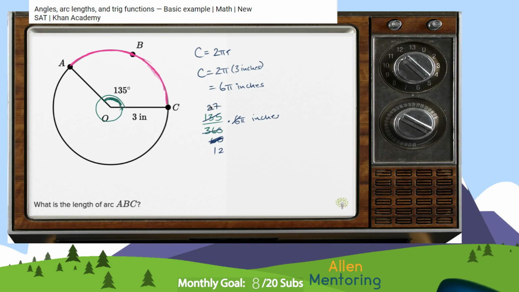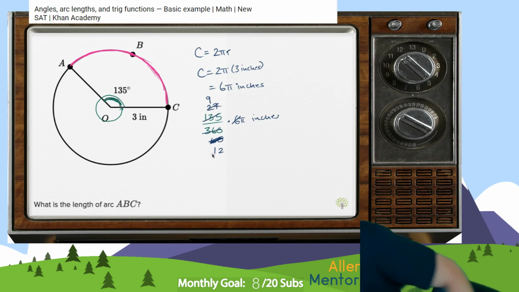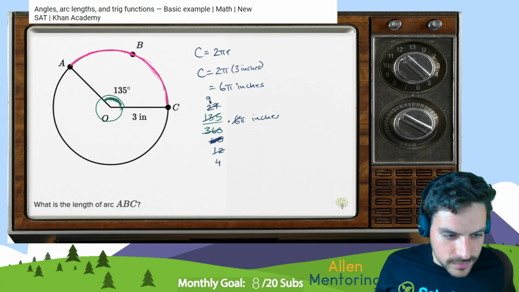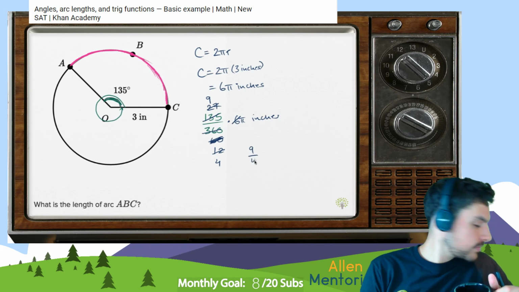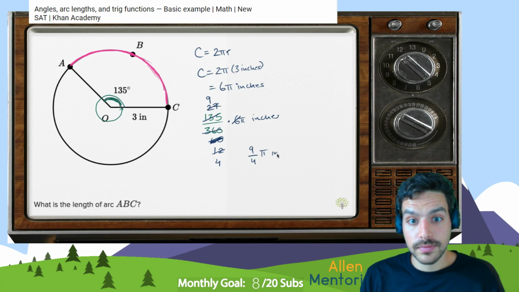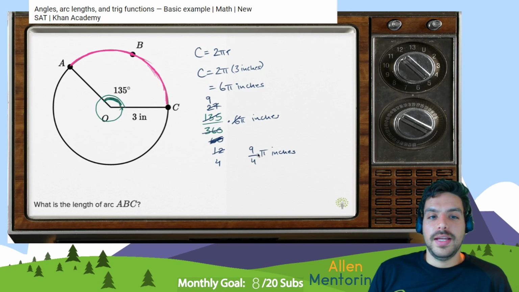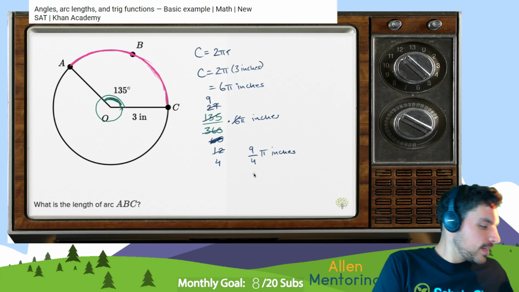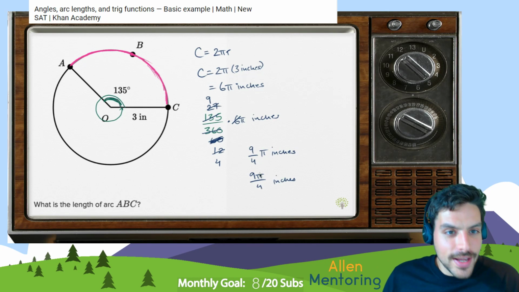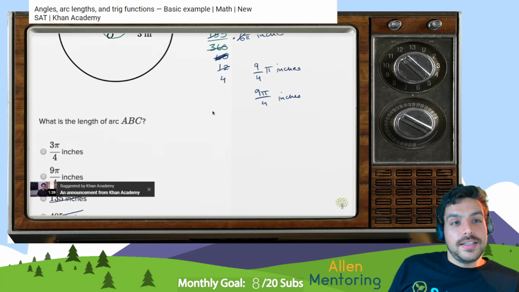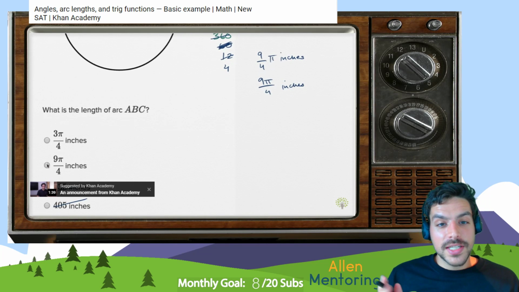We could then divide the numerator and denominator by 3. 27 divided by 3 is 9, and 12 divided by 3 is 4. So we're left with 9/4 times pi inches, or we could say 9 pi over 4 inches. And when you look at the choices, that is this one.